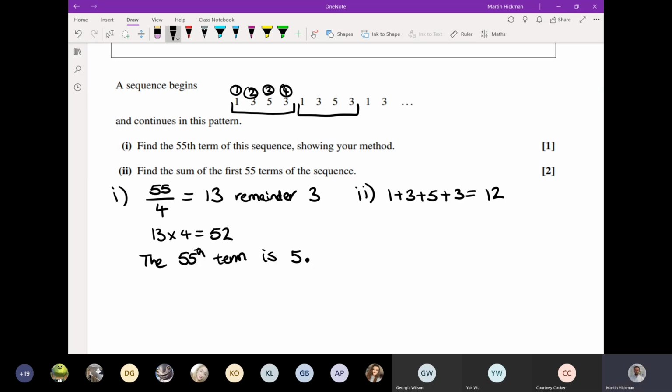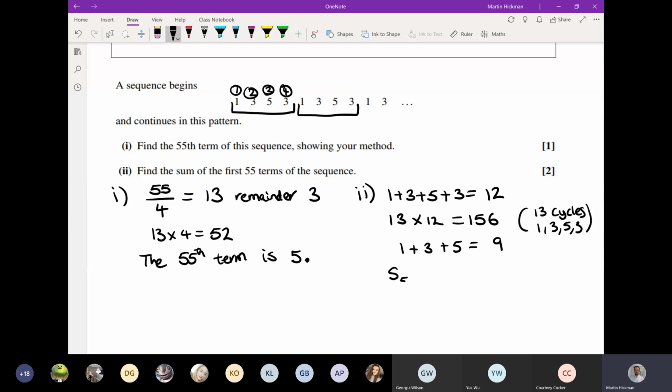Now I've got 13 cycles, so I need to do 13 times 12, which is 156. Then I've got the 53rd, the 54th, and the 55th term. That's just going to be a 1, a 3, and a 5, which gives me 9.